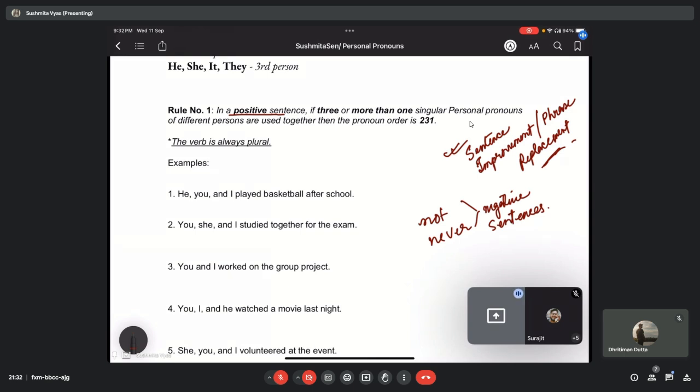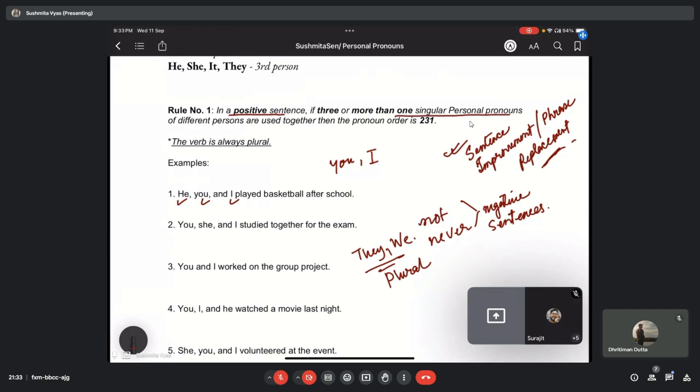So in a positive sentence, if three or more than one, so here one, two, three pronouns, you or I, singular personal pronouns, these are all singular personal pronouns. See, there is no they or we in it. These are plural.